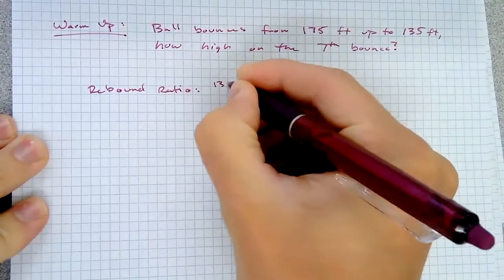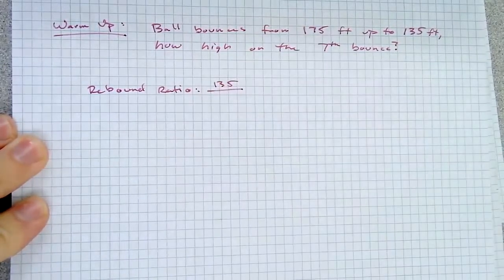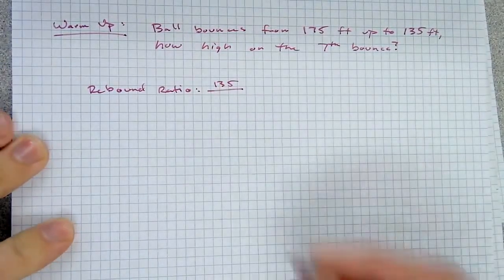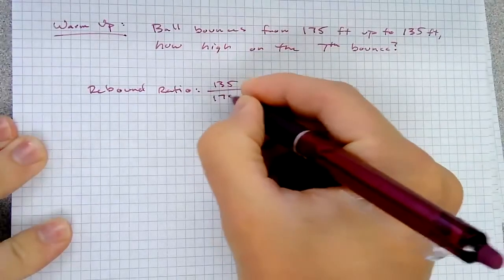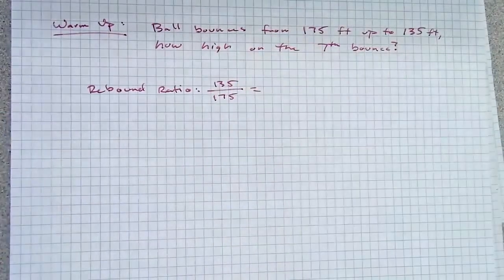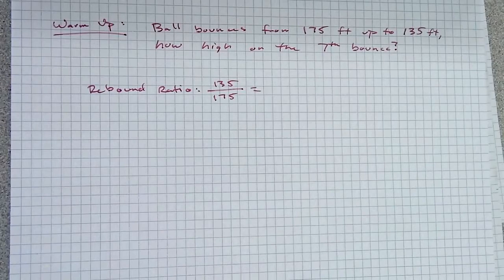So we get our rebound height divided by our starting height. So 135 divided by 175.